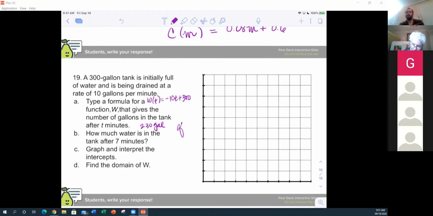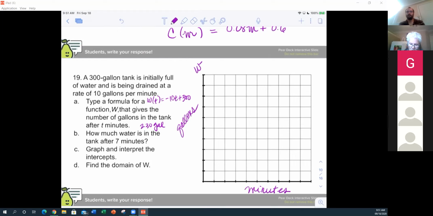Right. Okay, so this is going to be my gallons, and this is going to be down here. I put minutes. The w-axis, and minutes is going to be your time, right? Right. Okay, so we know that the y-intercept is 300.